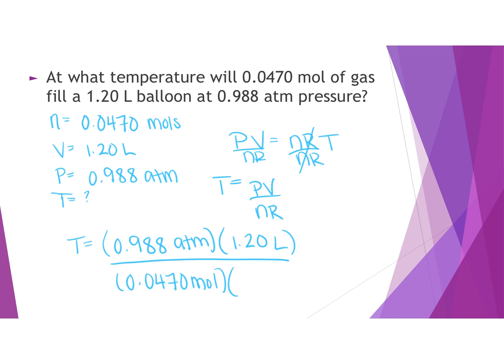And then R is that constant, 0.0821 liters times atmospheres divided by moles times Kelvin.